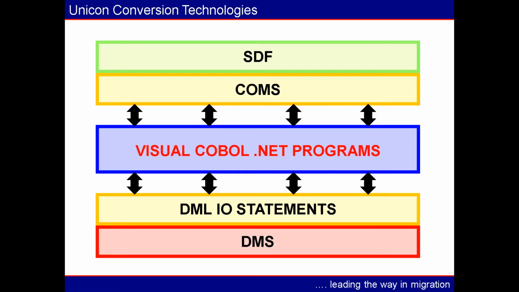Using the Unicon automated code and data converters, the Unisys COBOL programs are converted to Visual COBOL.NET COBOL programs. The SDF screens are converted to ASPX web form screens. If the screens had been WebPCM or ePortal, they would also have been converted to ASPX web forms. The ASPX web forms are implemented on an IIS web server that replaces the comms transaction manager.